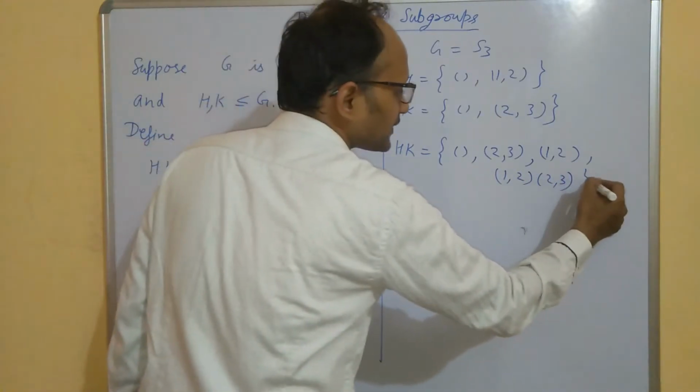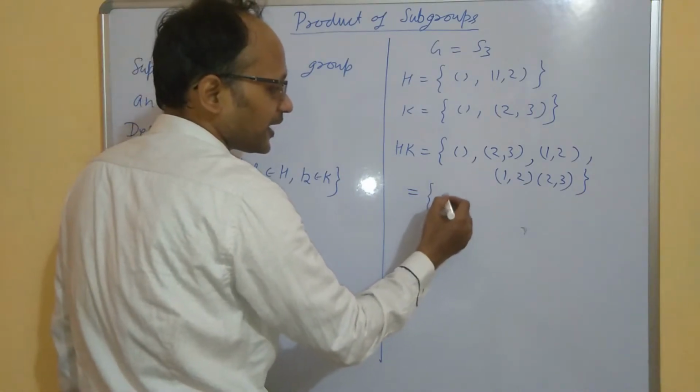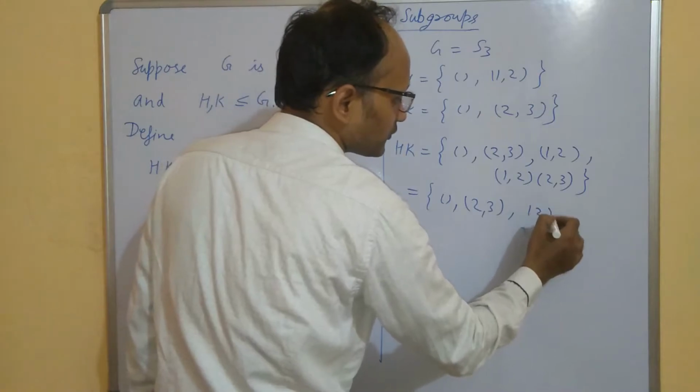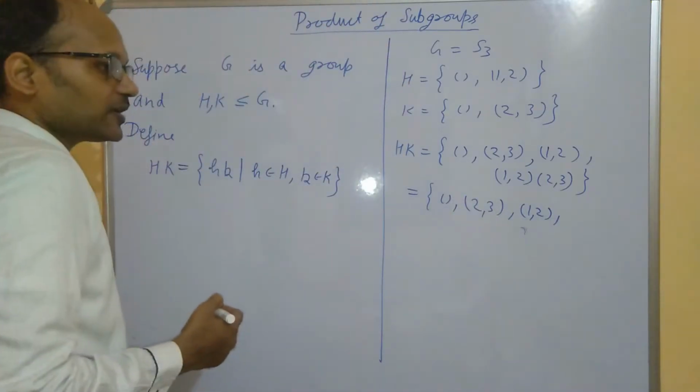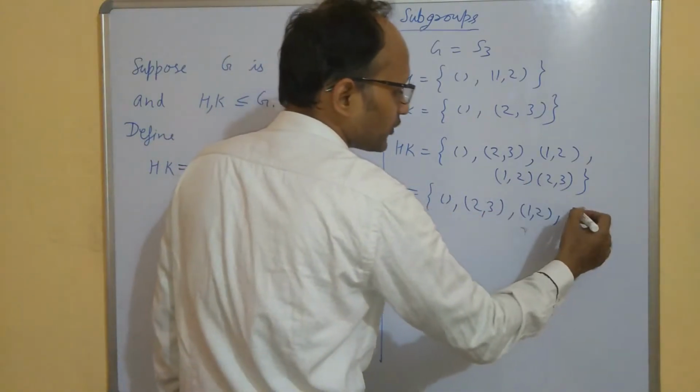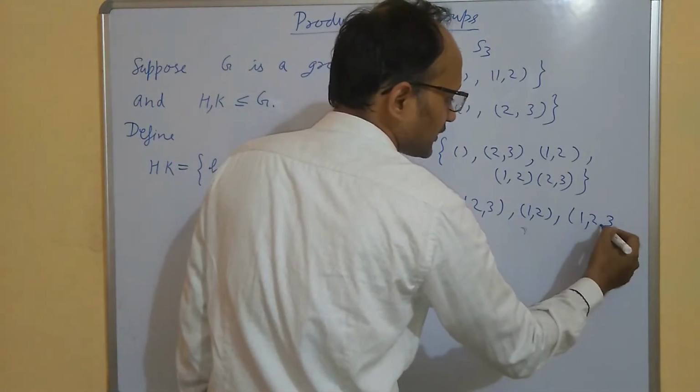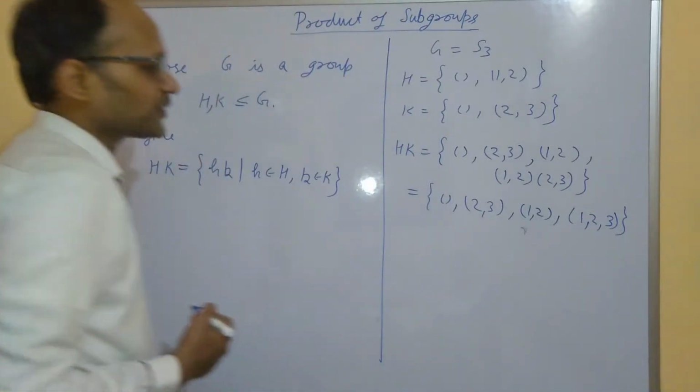So this set will be identity, (2 3), (1 2), and here 1 is going to 2, 2 is going to 3, and 3 is going to 1, so it is (1 2 3).